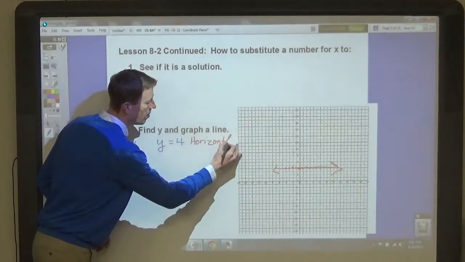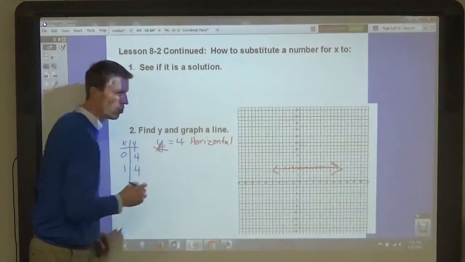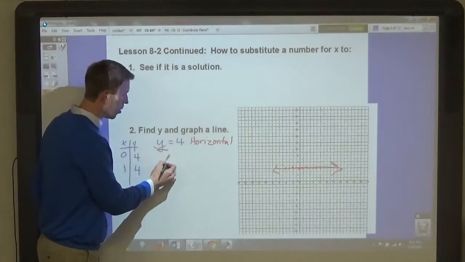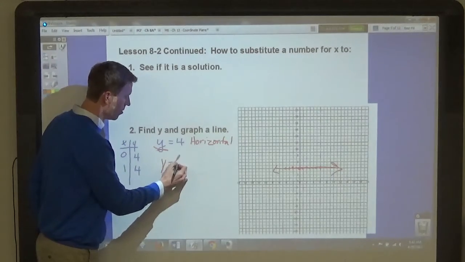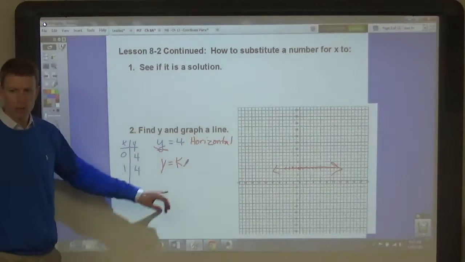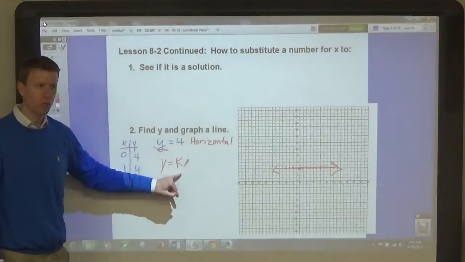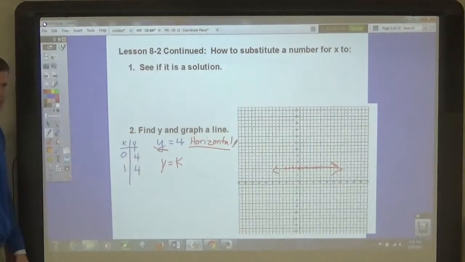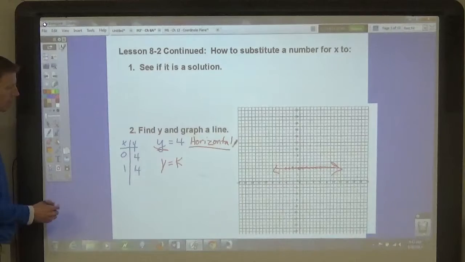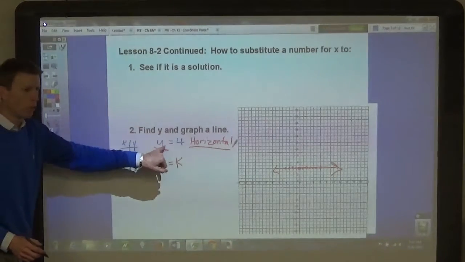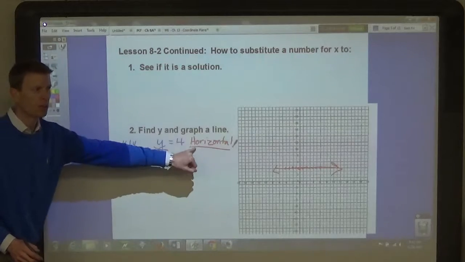Anytime y is equal to a number, in the book it says y is equal to k for a number, or y is equal to n, it's always a horizontal line. Okay? So write that in your notes. When y is equal to a number, it's always a horizontal line.